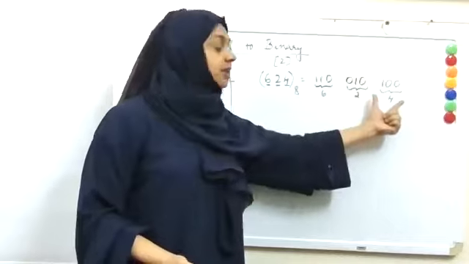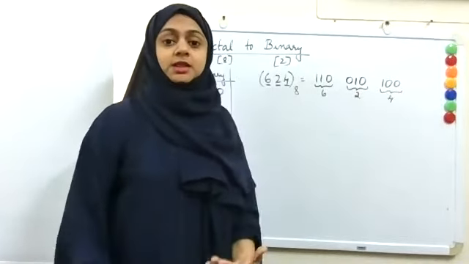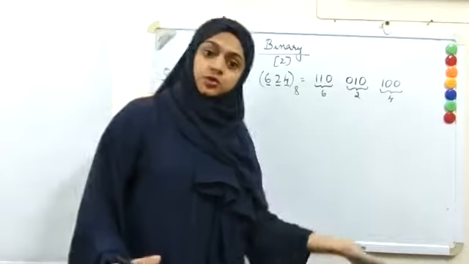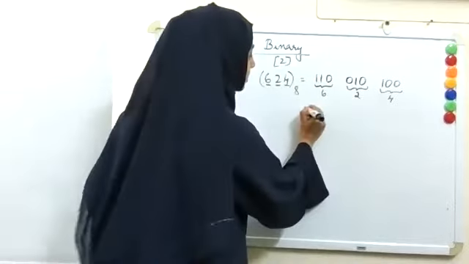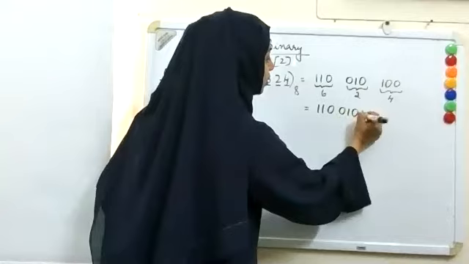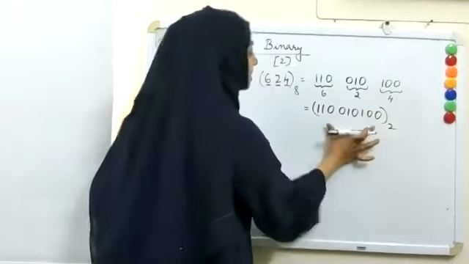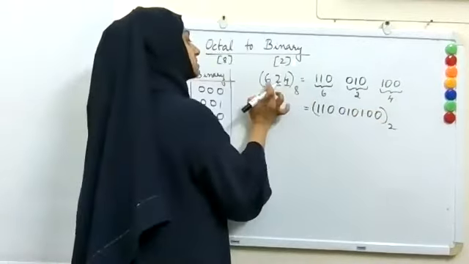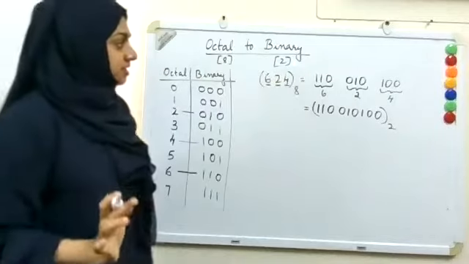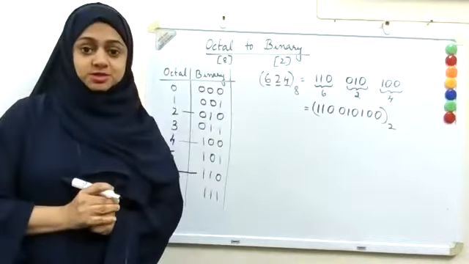So we have to take like this and write them together. Then we will get the binary correspondent for the octal. So we have here 110, 010, 100. So this is the binary number for 624 in octal. So this is how we convert. Is this clear to you?